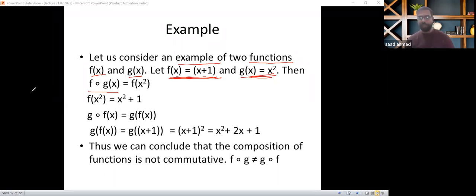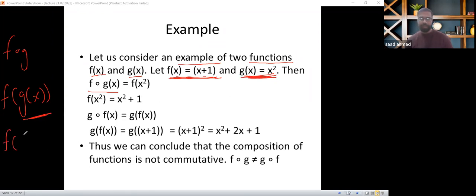Then f of g of x, which we are trying to find, is how we will write it. So what is g of x now? g of x is equal to x squared. So you plug in the value for g of x, which is x squared. Now the input is not x, the input is x squared.